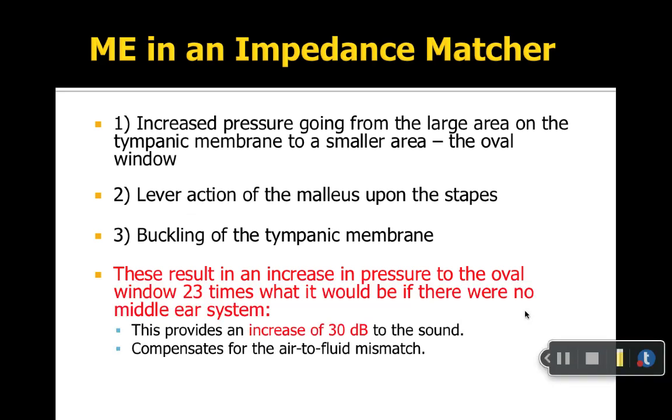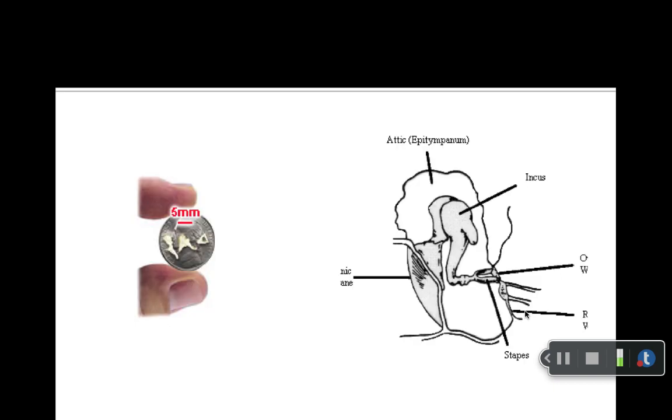So remember I said the role of the middle ear. It is an impedance matcher. It takes the sound waves from air and it brings them to fluid. In order to do this, there are 3 things that happen. So the first way that this sound gets amplified is by the area difference between the tympanic membrane and the oval window.